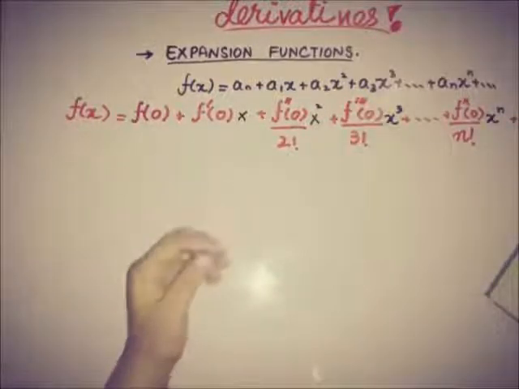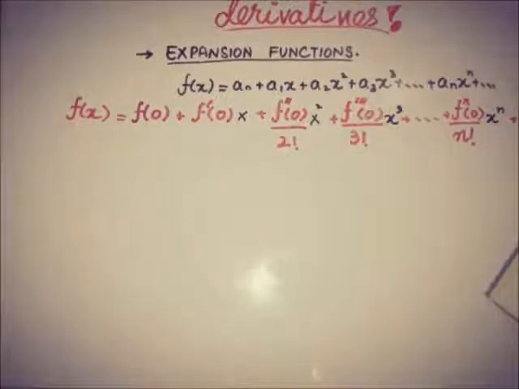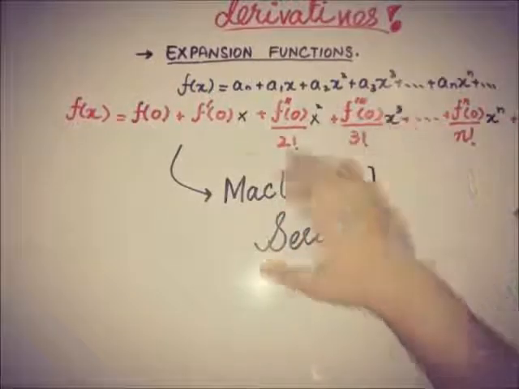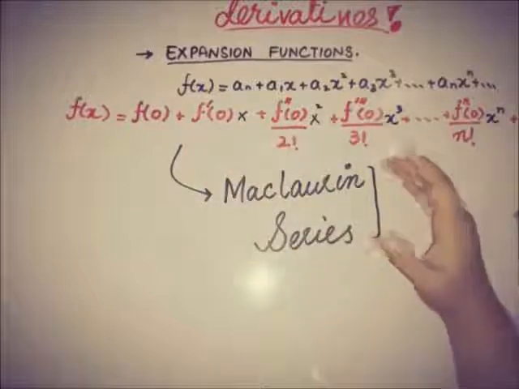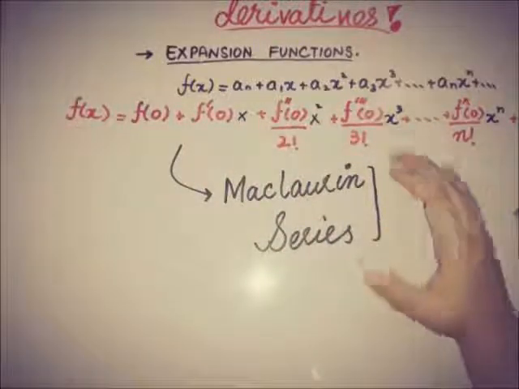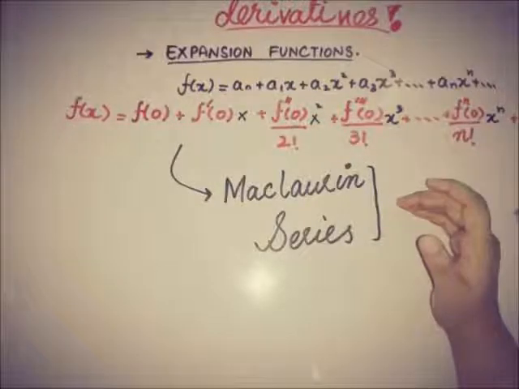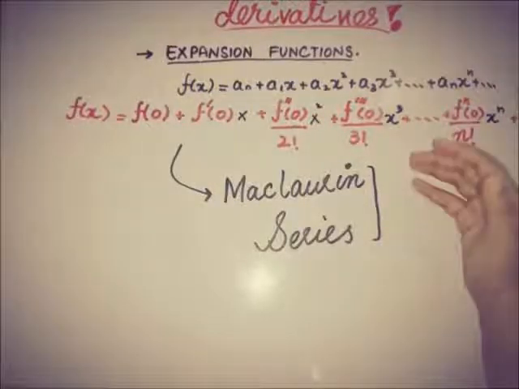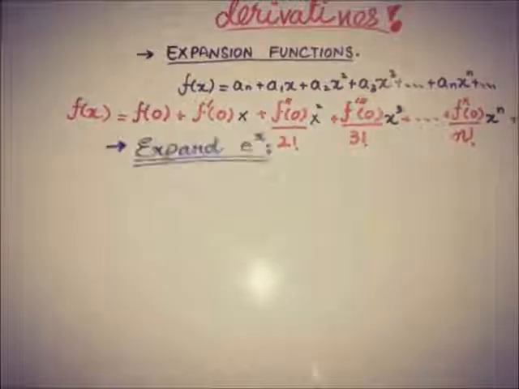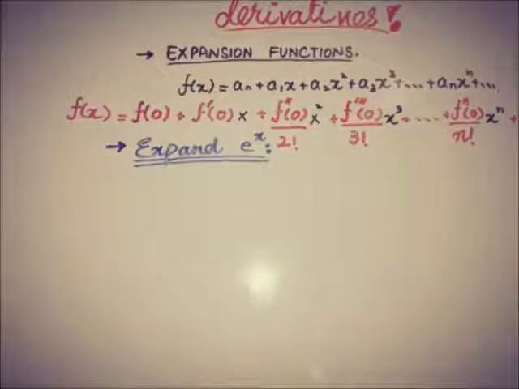This expression is known as the Maclaurin series. As we expand the function about x equal to 0, we have an expansion of this type, and it's also known as Maclaurin's theorem. Now let's see how we can use the Maclaurin series in solving problems. The Maclaurin series or Maclaurin theorem is used to expand any function about 0.